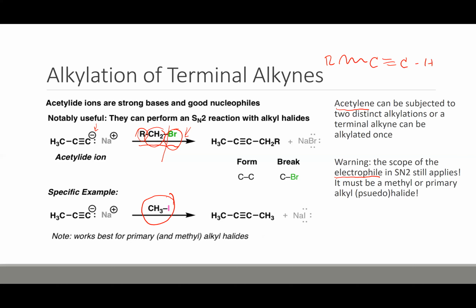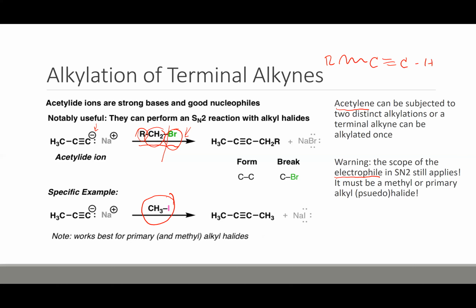And for an SN2 reaction, the electrophile must be a methyl or primary alkyl to have a good reaction. So it works best when these groups that are being added on are a methyl group or a primary halide.